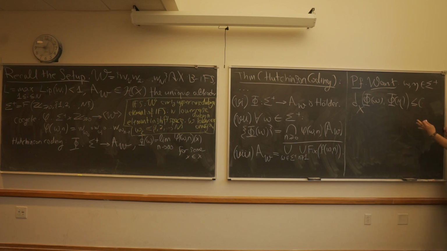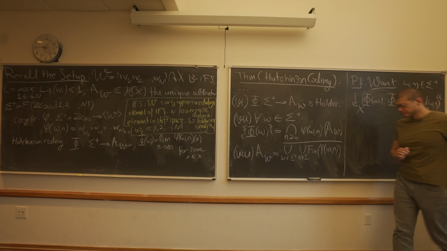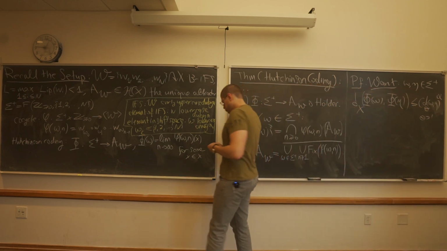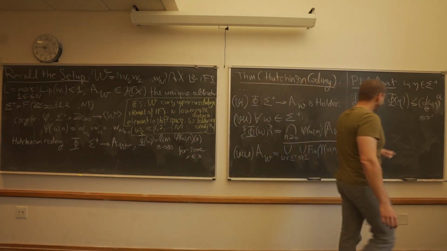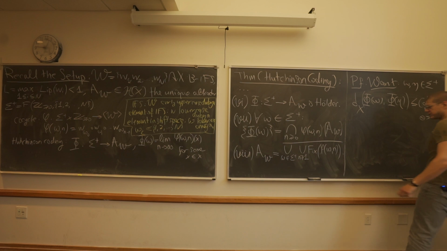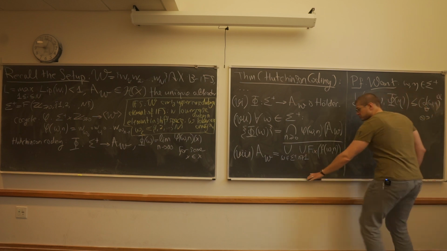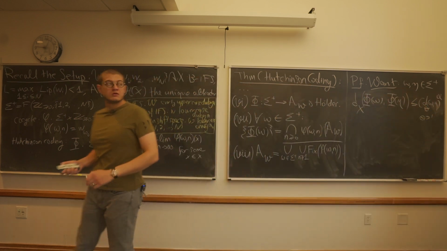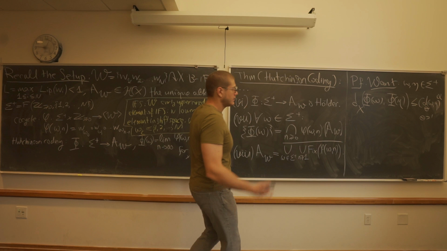Distance relative to what? One of these d theta metrics. I want some alpha like that. So here recall that theta was some number greater than 1. Is it the alpha that's greater than 1 or theta? Theta, yeah.